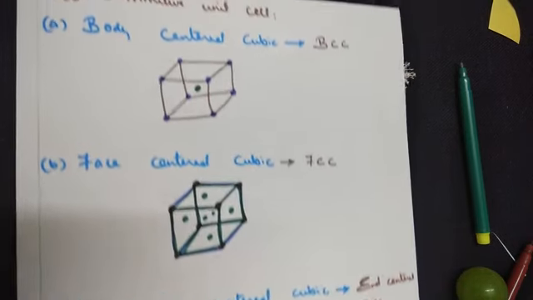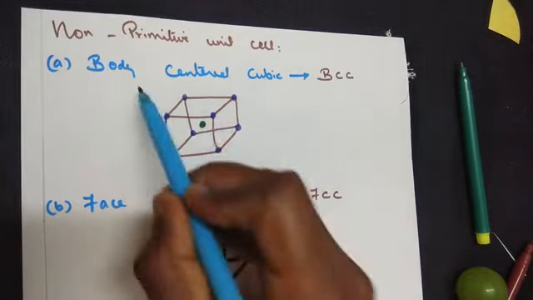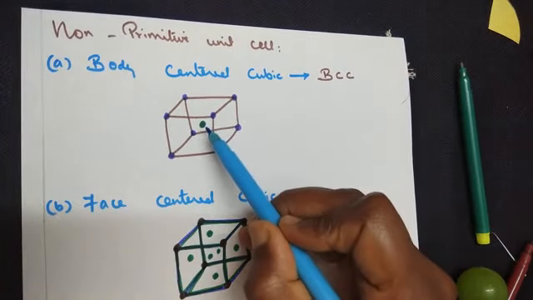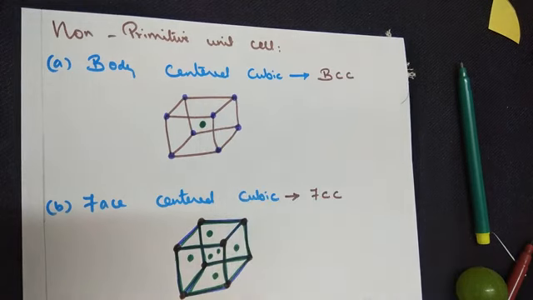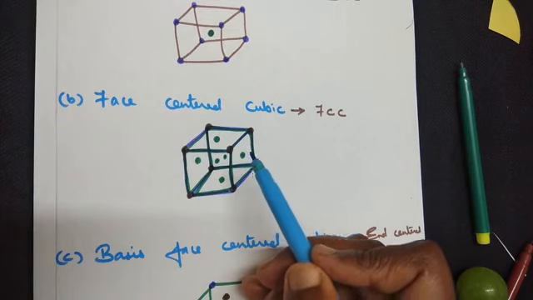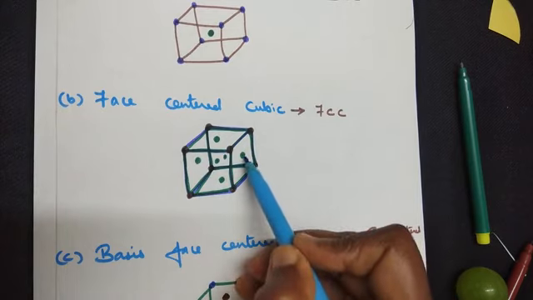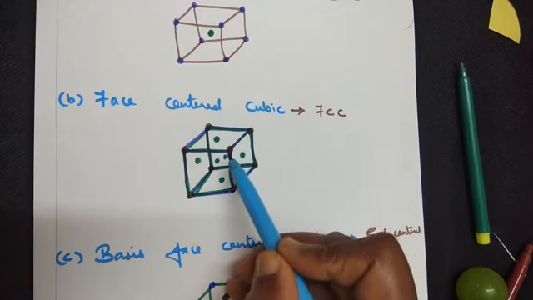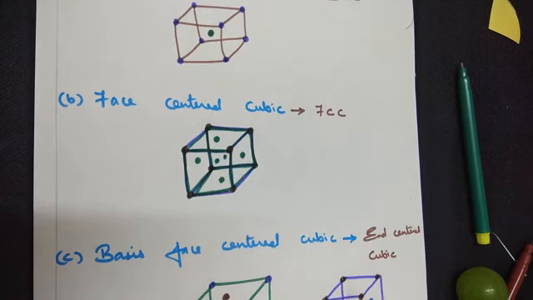So these are the 3 types of non-primitive unit cell. Body centered cubic has only one additional lattice point within the body of the unit cell. Face centered, when we say face, is nothing but the number of sides available in the cube. 6 sides are there, and all the 6 sides will have one additional lattice point, together summing up to 6 additional lattice points.